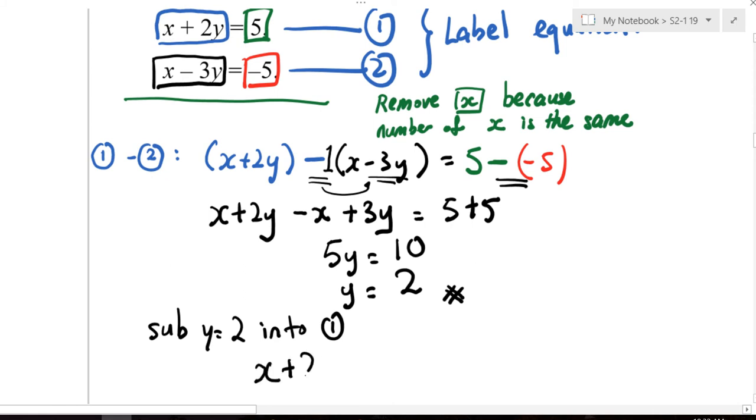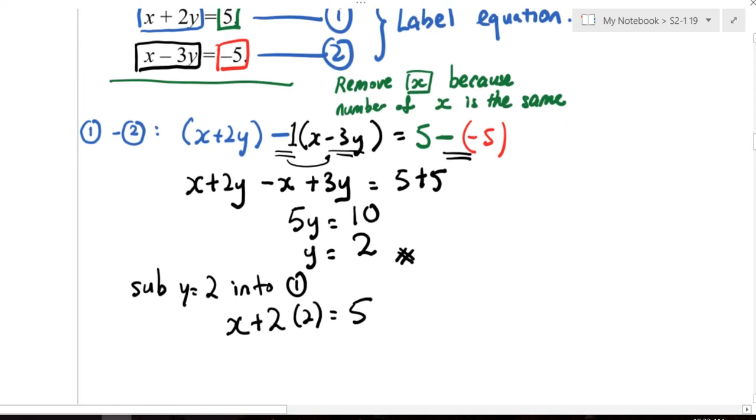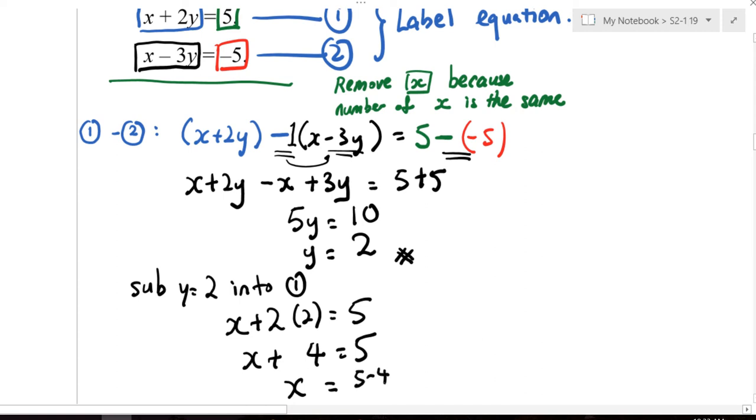X plus 2 bracket 2 is equal to 5. Ashraf, I will answer your question. What is X? So both side minus 4, I will get 1.